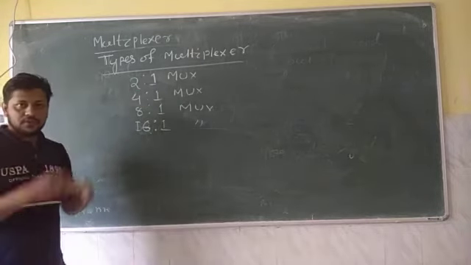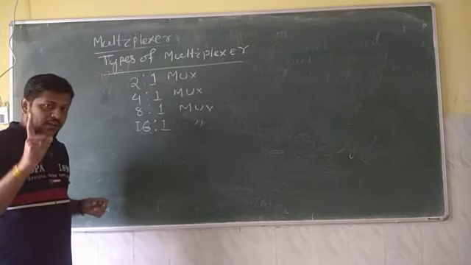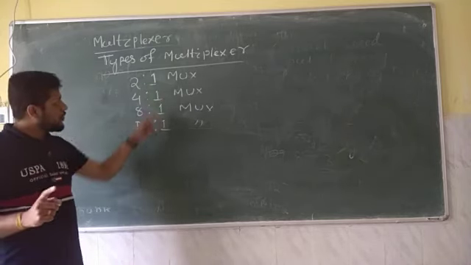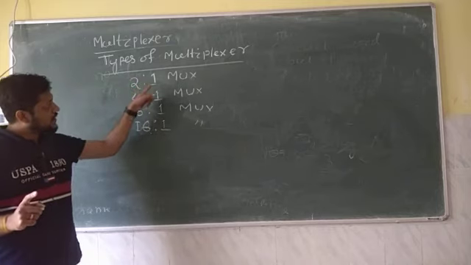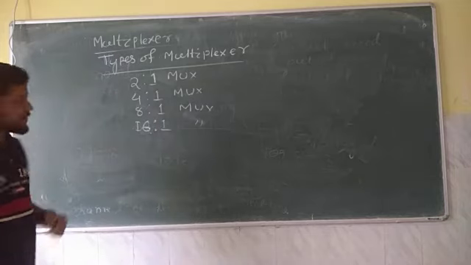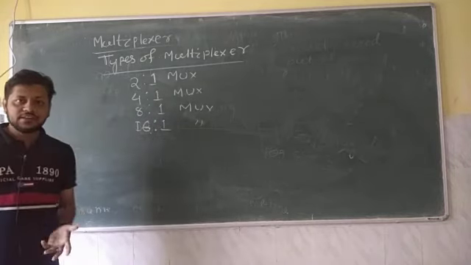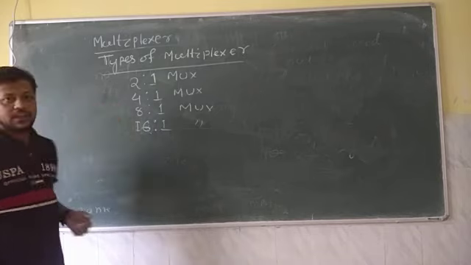We have seen the block diagram: we always have one output in the case of a multiplexer. So this right-hand side is always constant, 1, 1, 1, 1. This 1 indicates the output lines. This 2, 4, 8, 16 indicates the number of input lines.